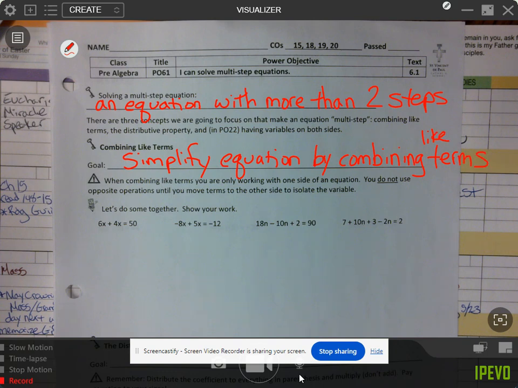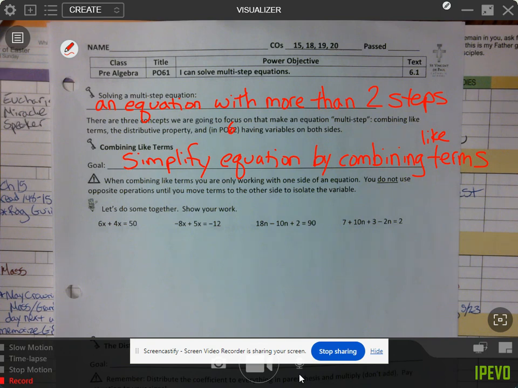By combining like terms. Instead of PO22, ours is just PO62. Okay. So this is an old binder. What is PO62?